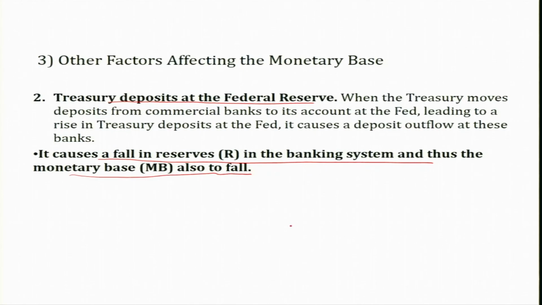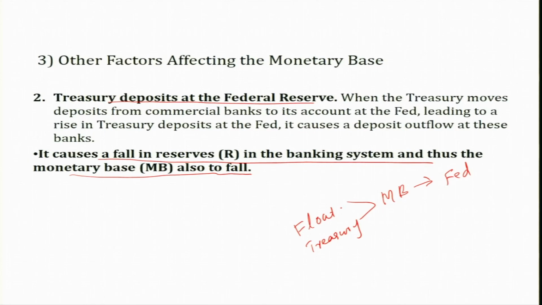So, importantly, we saw two things: one is float and the other is movement in treasury deposits. Both have an impact on the monetary base, but this change in the monetary base is not in the hands of the Federal Reserve System or the central bank.